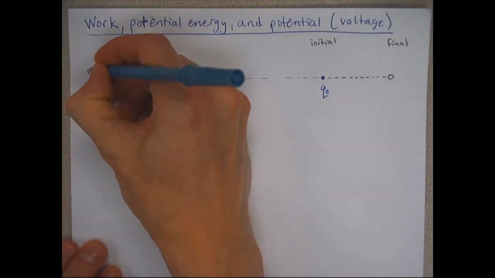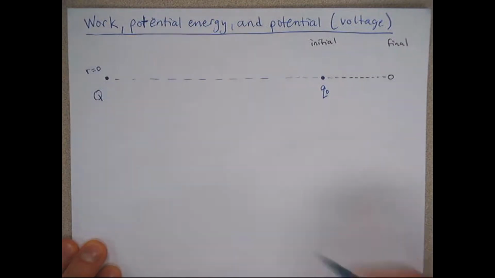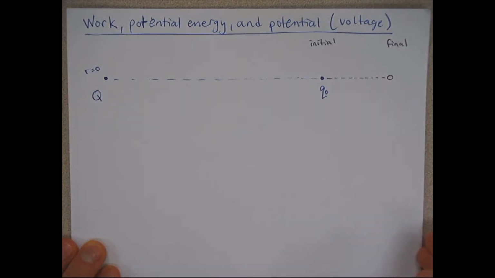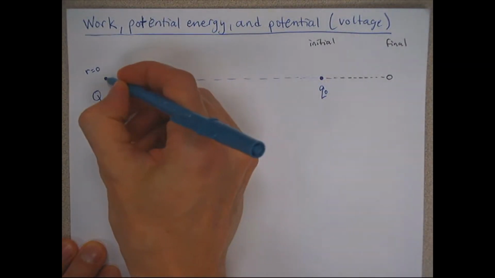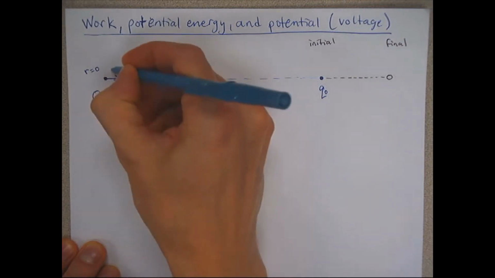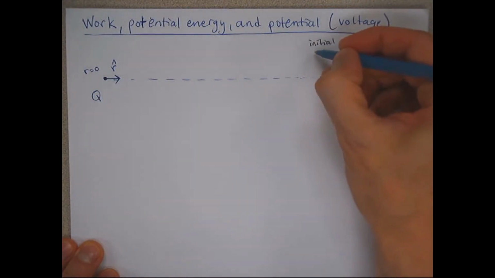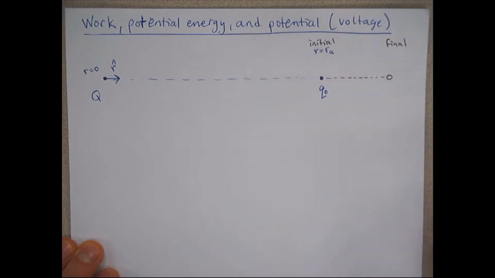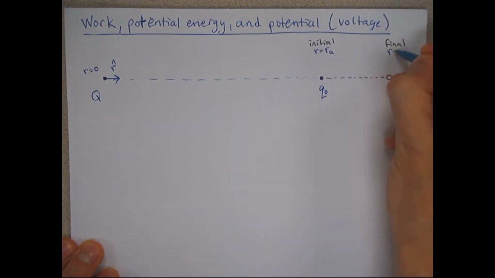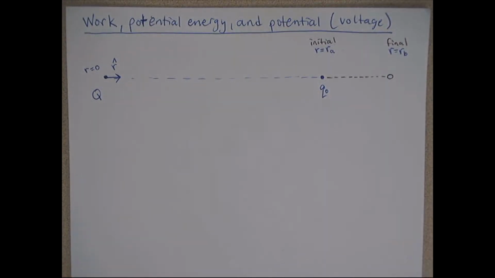We'll set this as our coordinate origin r equal to 0 and define a radial unit vector r hat. So this will be a position r equal to, say, RA, and final position will be located at RB.